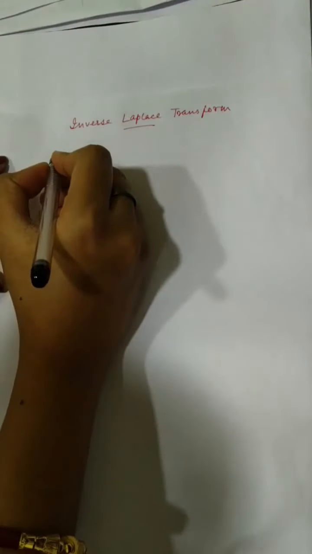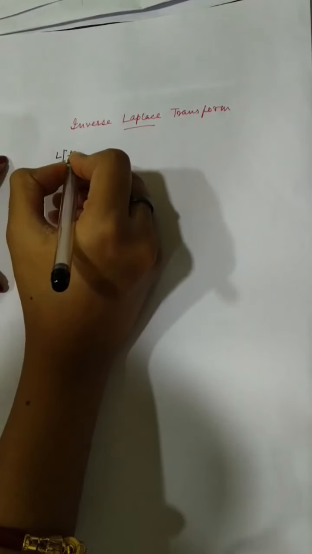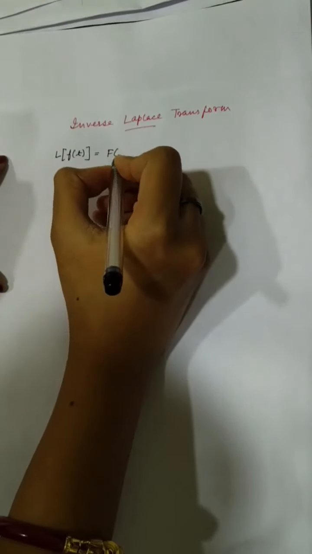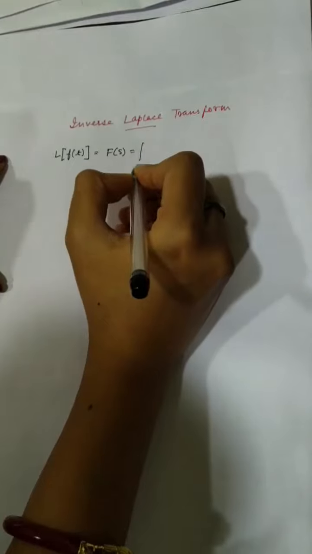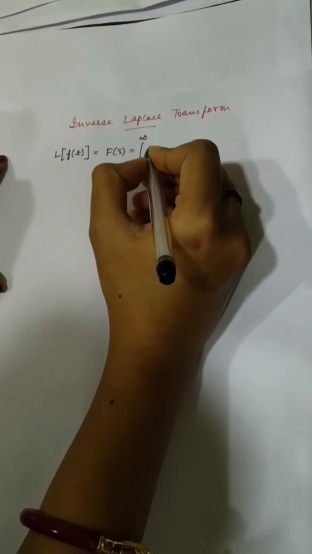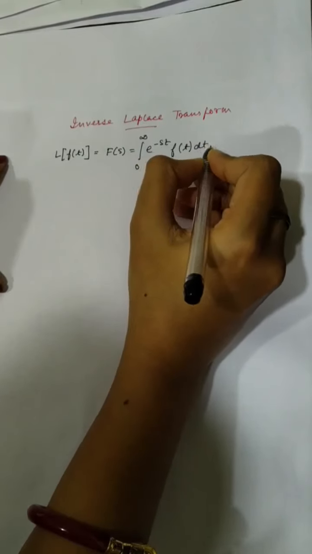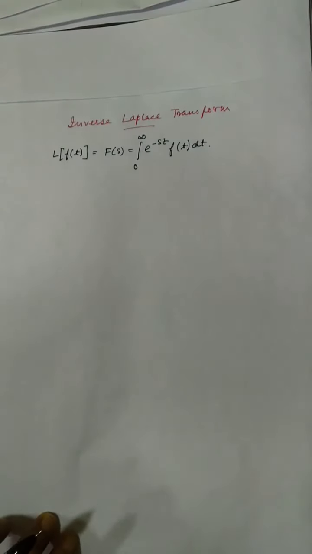We have seen that the Laplace transform of a function f(t) is given by a function of s, defined by the operation integral of e to the power minus st f(t) dt, right? This is what the Laplace transform of a function means.